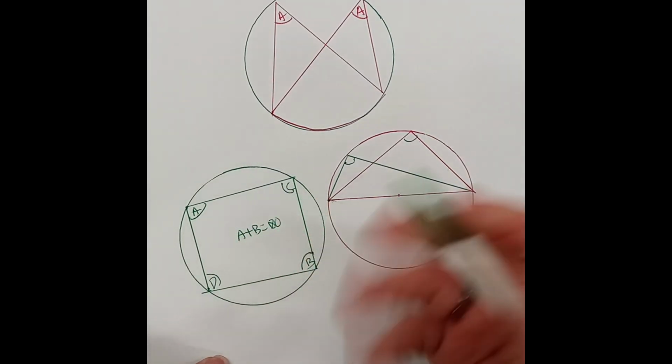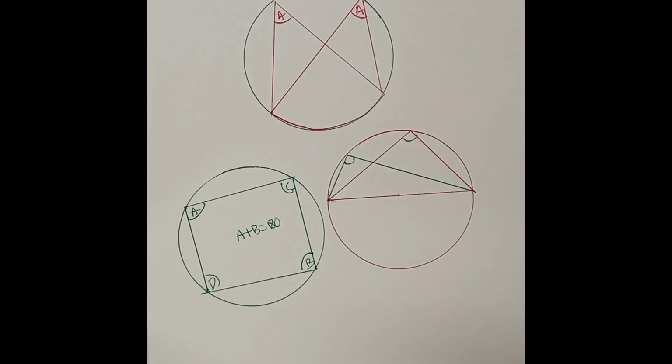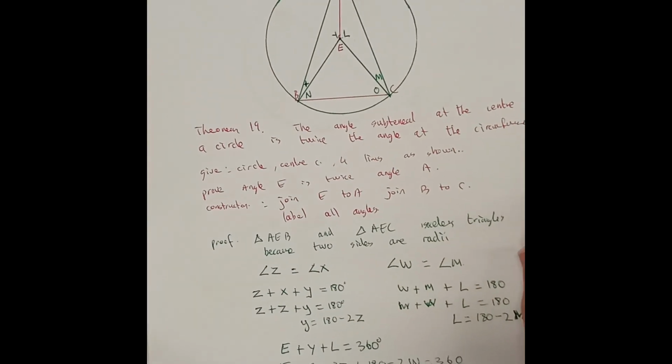So any two opposite ones will give you 180. So there's another kind of corollary from that. Okay, so they all come from this one. They're all derived from this one.